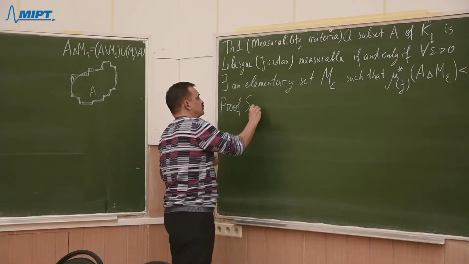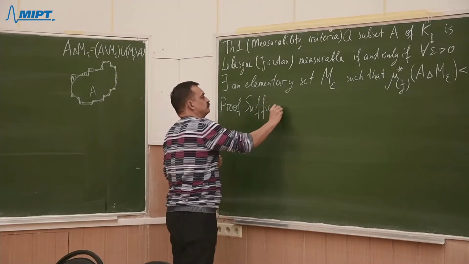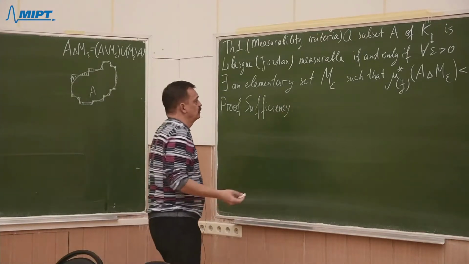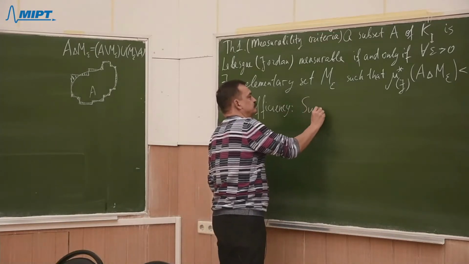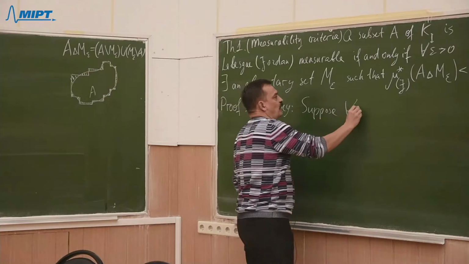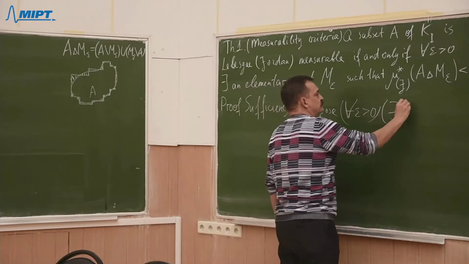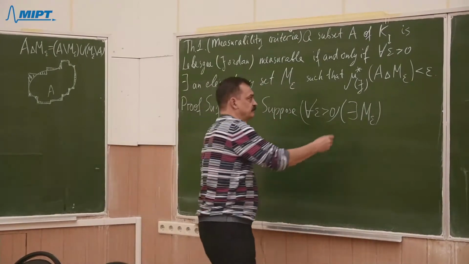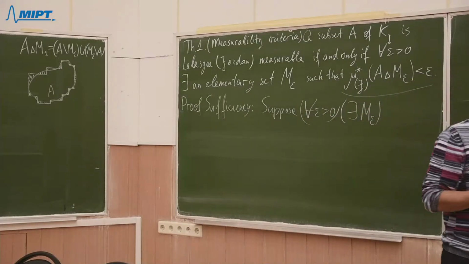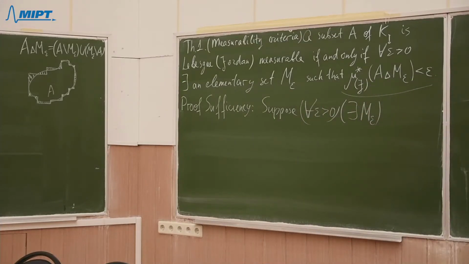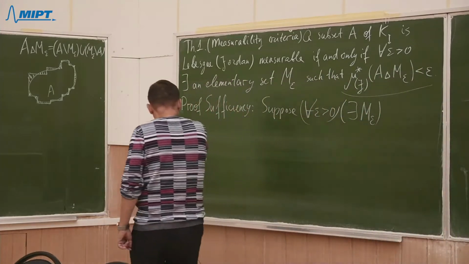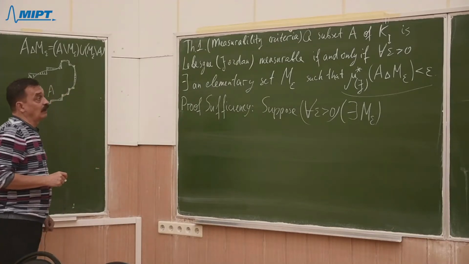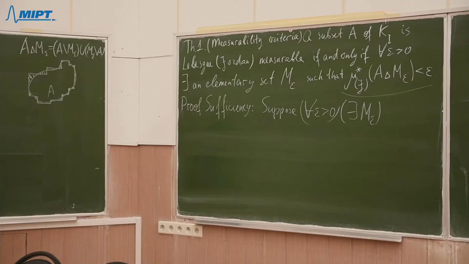We'll start with the sufficiency part, which is slightly easier. So, sufficiency. We suppose that for arbitrary epsilon, there exists an M epsilon such that the inequality holds. Okay, so we want to prove that A is measurable.